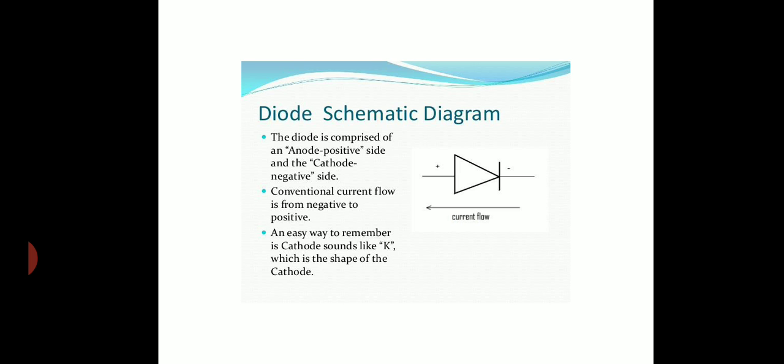Diode schematic diagram. So a diode is having a positive anode side and a negative cathode side. The conventional current flows from positive to negative. For easy understanding, the cathode sounds like K.